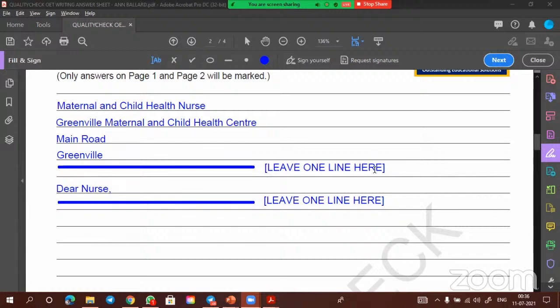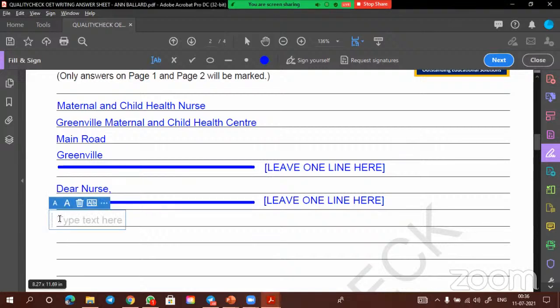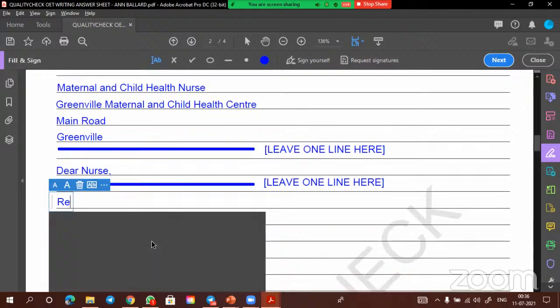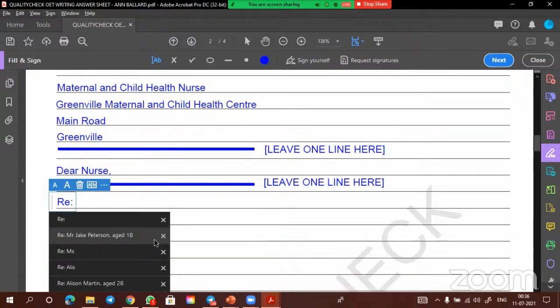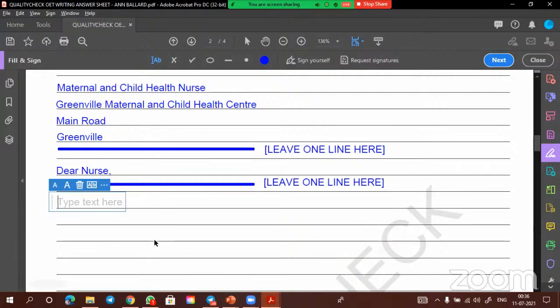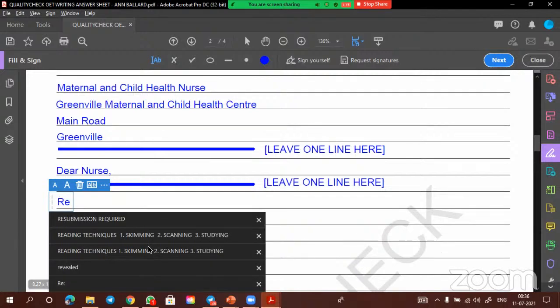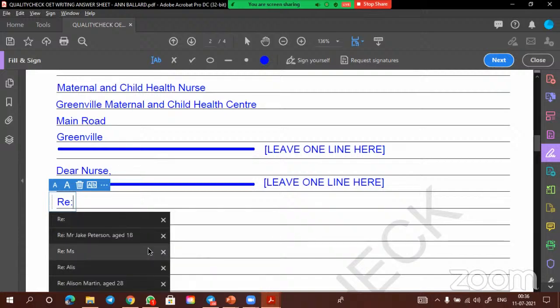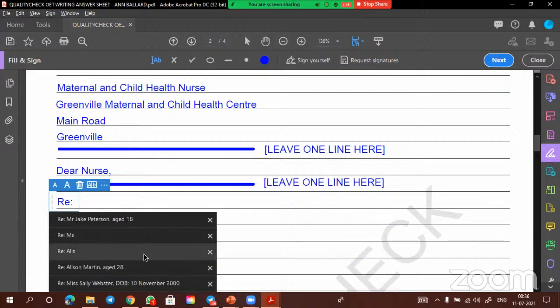Then next one here. You are writing regarding, colon, space. Once again, R capital, e small letter, immediately without any space colon. Then one space.